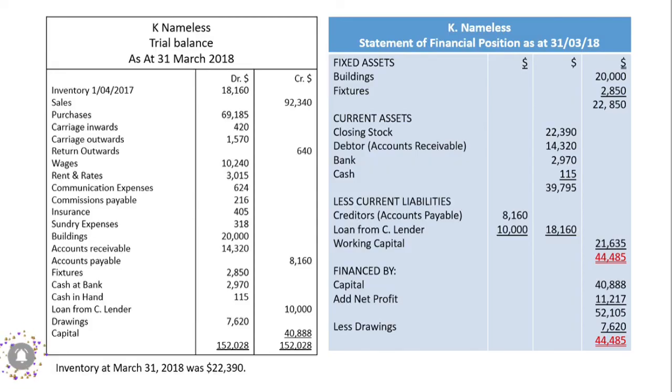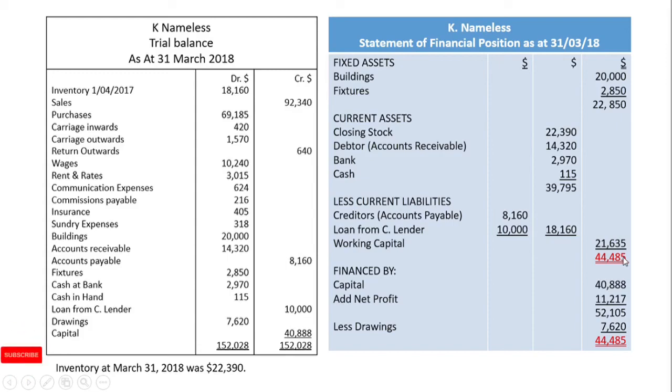You can check out that video, and you will see where we got the 11,217 dollars from. You add it, you get 52,105, and then you subtract your drawings, 7,620. You subtract it and you get 44,485, which is the same as this figure up here.